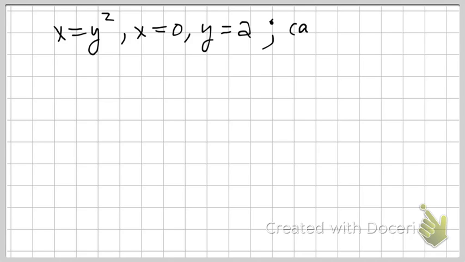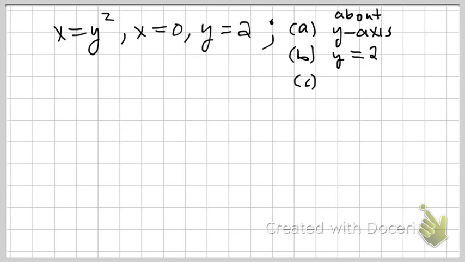What if I give you x equals y squared, x equals 0, y equals 2, and in the spirit of homework, let's spin about A, the y-axis, B, the line y equals 2, and C, the line x equals 4.